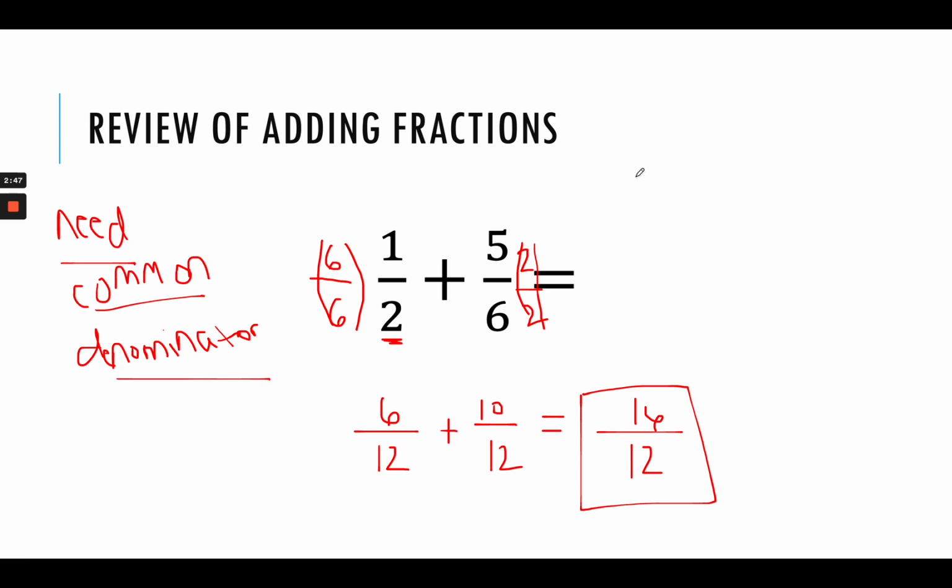So it's going to look kind of complicated, but as long as you remember this idea of getting a common denominator, you look at your first denominator, you look at your second denominator. If this one's 6, we're going to multiply the first fraction by 6 over 6. If this denominator is 2, we're going to multiply the second fraction by 2 over 2. And then solve from there.